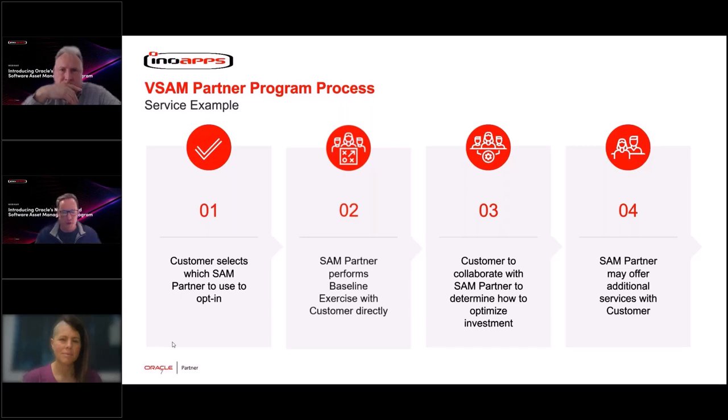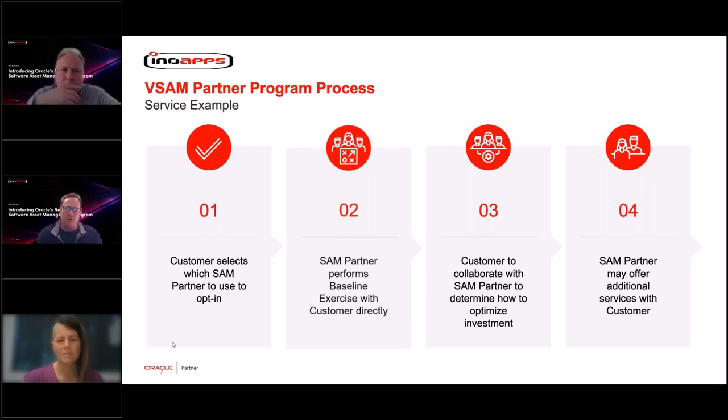But the process that we would go through would be the same process that we do for our existing software asset management customers, and we'd sign a non-disclosure agreement between ourselves and the customer, and then we'll collect all the data and their entitlements and contracts, and produce a baseline report, and that report would give them information on what software they're using, where they're using it, if there are any compliance issues or things like that, and then we can talk to the customer.